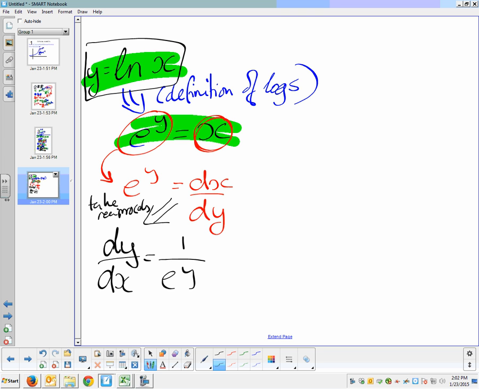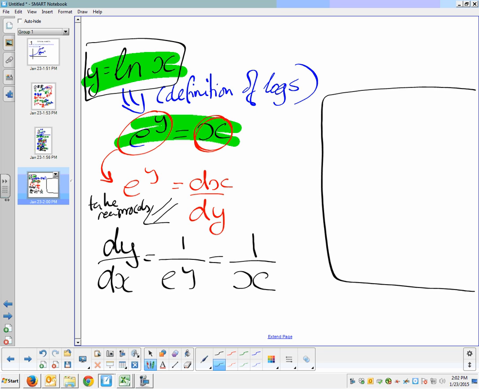If dx by dy is e to the y, then dy by dx is 1 over that. Well, what is e to the y? We've already highlighted it there in green. E to the y is x. So 1 over e to the y is 1 over x.